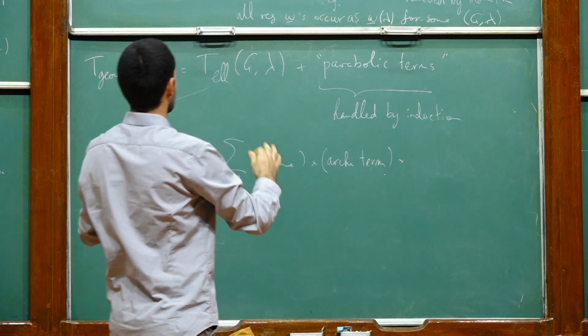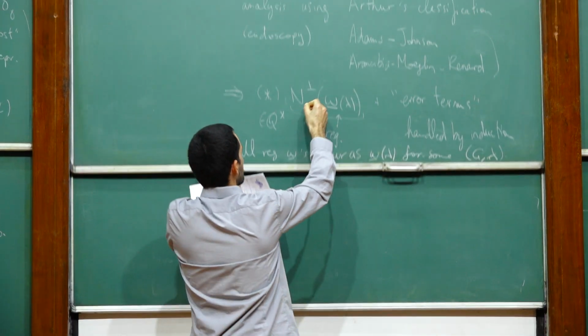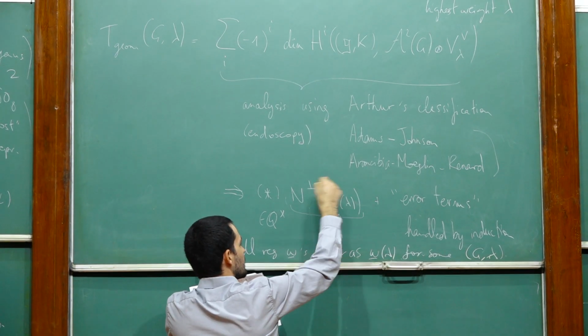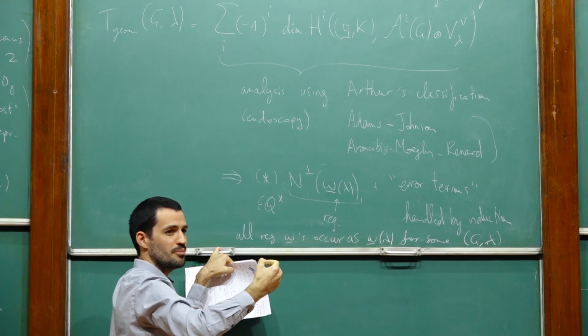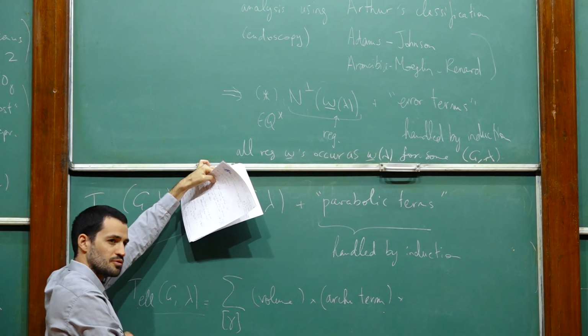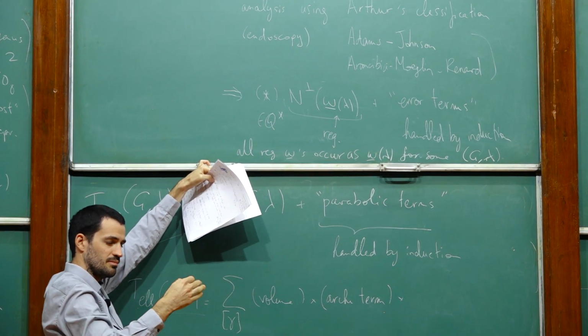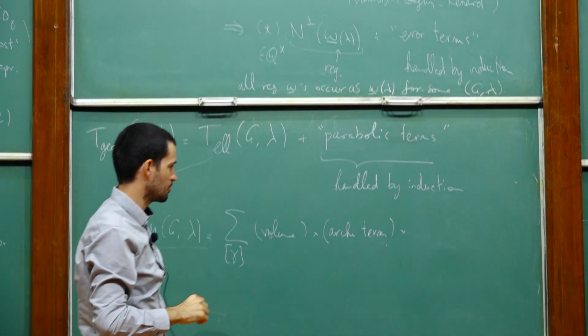Yes, so what I've explained so far is computing these in all dimensions less than some number is equivalent to computing the elliptic terms for groups in rank less than a certain number. These two are equivalent.